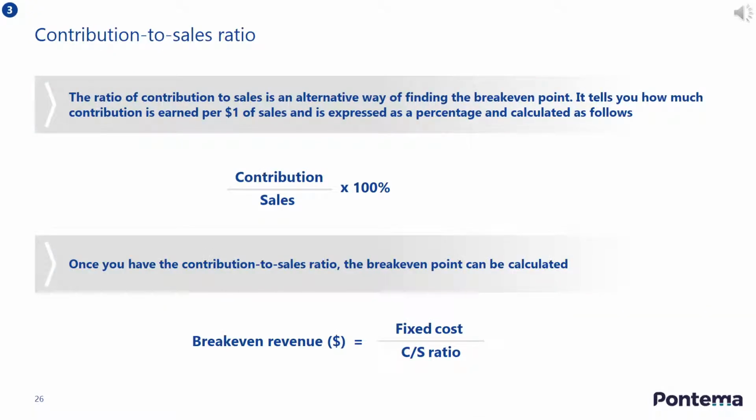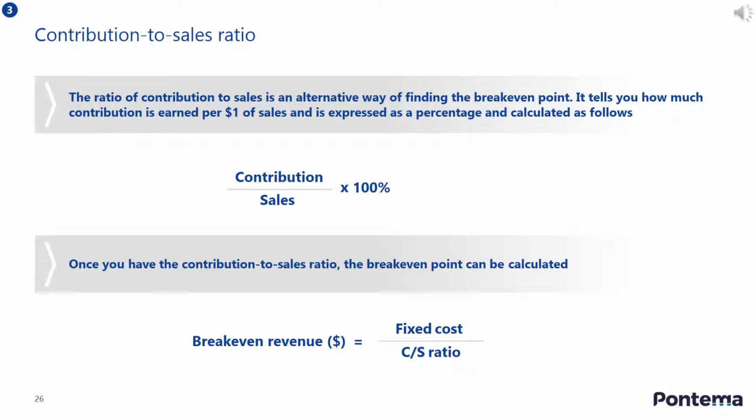The second type of costing calculation is the contribution to sales ratio, which is an alternative way of finding the break-even point. It tells you how much contribution is earned per $1 of sales, and is expressed as a percentage and calculated as the contribution per unit over the sales price.